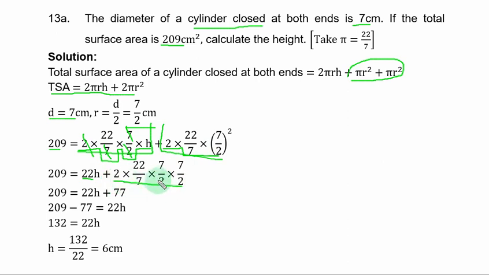So let's try and cancel out. 7 cancels 7, cancel 2 with 2, you divide 22 by 2, you have 11 times 7, you have 77. If you collect like terms, you have this. If you subtract, you get this. Divide both sides by 22, you have h equal to 6 centimeters. That is the height of the cylinder.